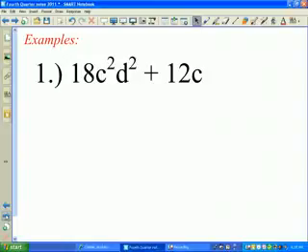So first one, we have 18c squared d squared plus 12c. The first thing I should do is find my GCF.